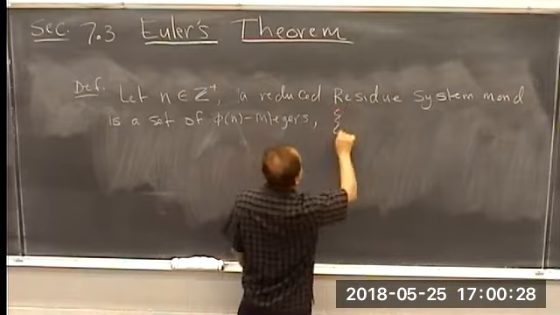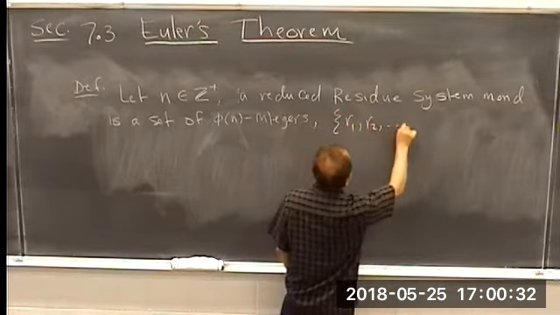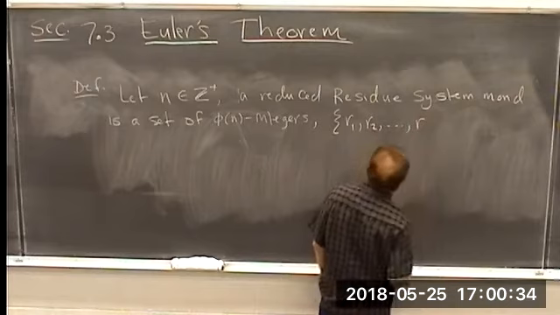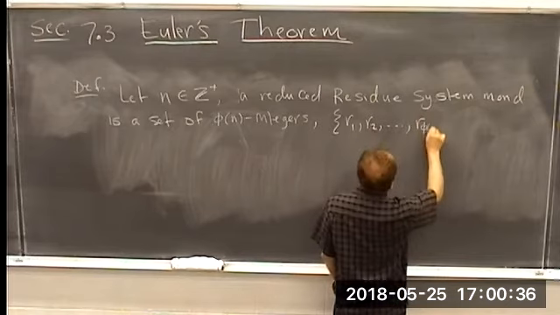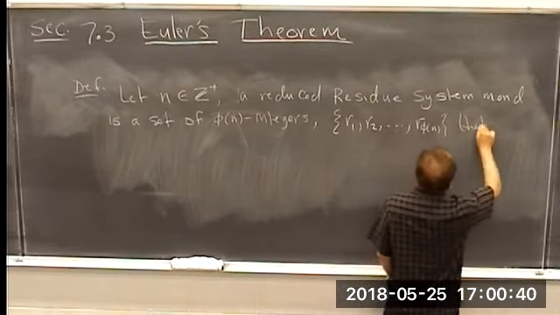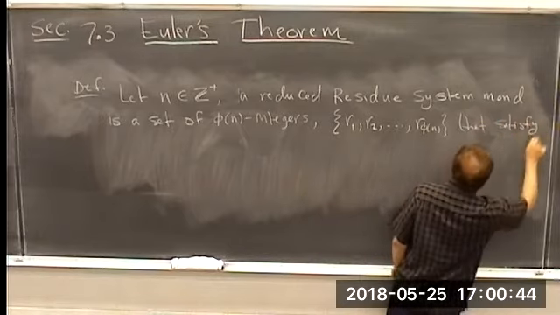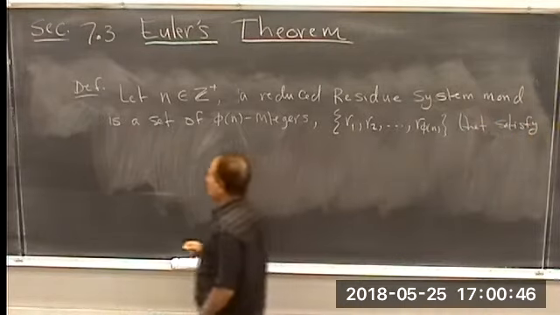Let's say R1, R2, up to R phi of N, that satisfy the following conditions.